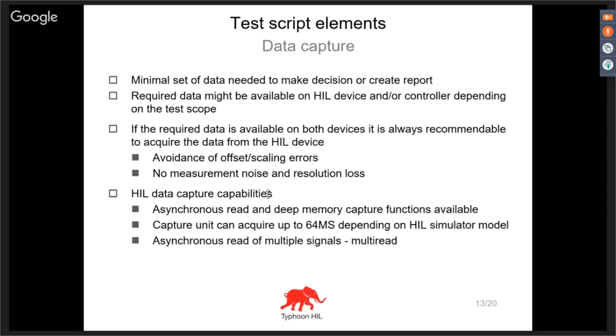As far as data capture capabilities, we can do asynchronous read of multiple signals, as well as deep memory capture. Depending on the HIL device used, we can capture up to 64 megasamples.